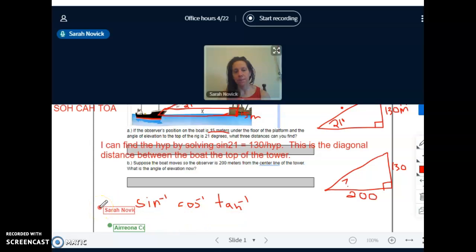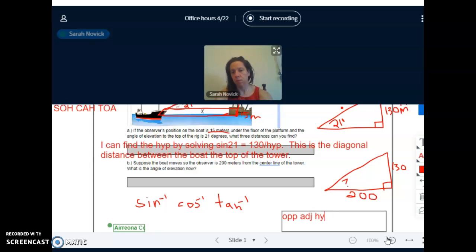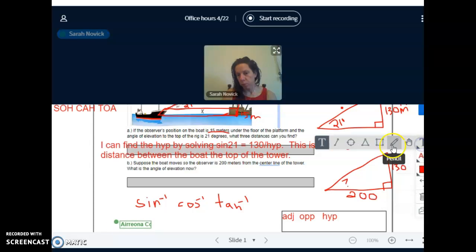You don't know? What two sides do you know? Let's type them out, in alphabetical order: adjacent, opposite, hypotenuse. Which sides do we know? Can you circle them on this triangle?